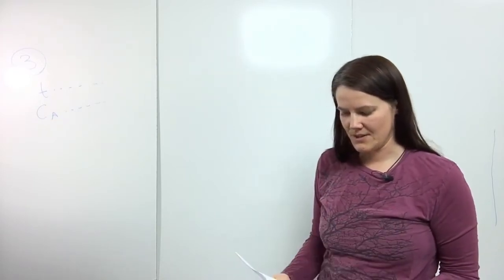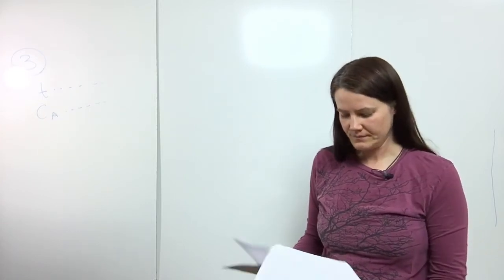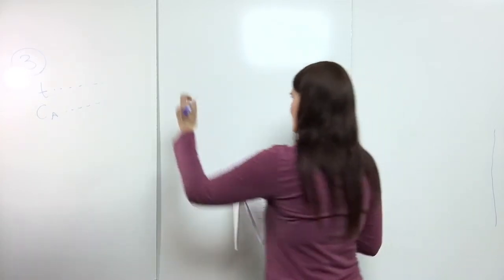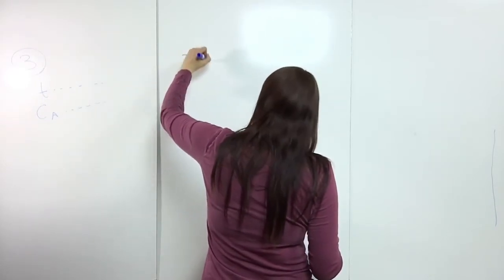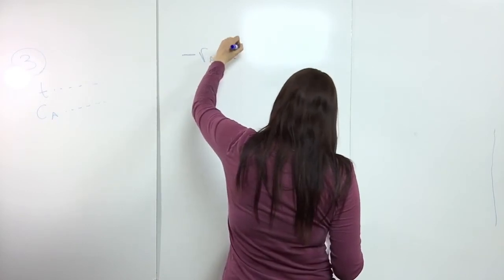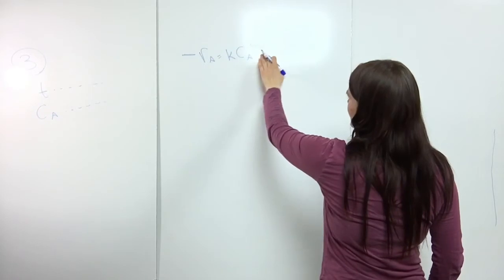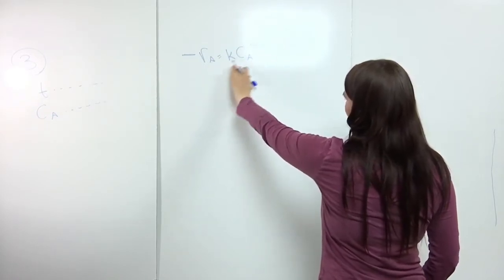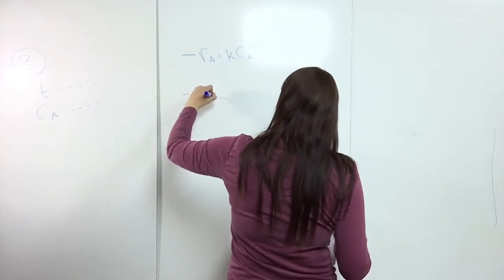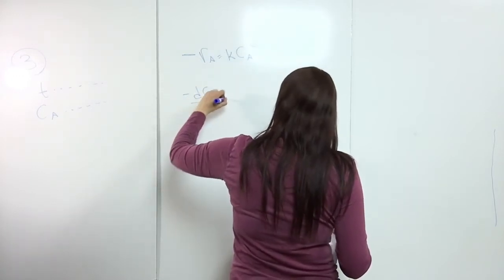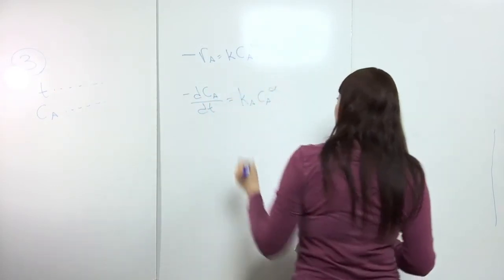You write down your rate, so minus Ra equals K Ca to the alpha. So we're looking for K and alpha, the reaction order and the rate constant. And then you would plug that into your mole balance, and you get this K Ca to the alpha.